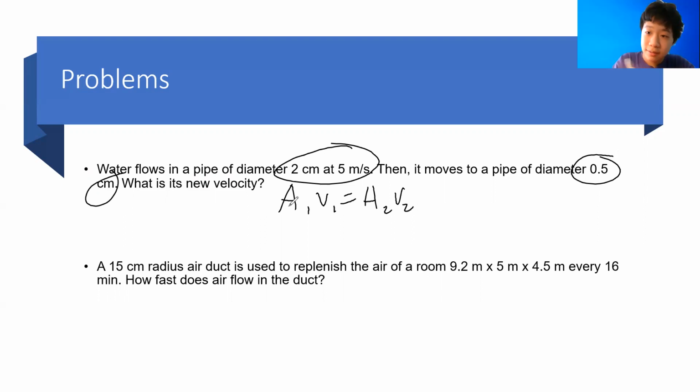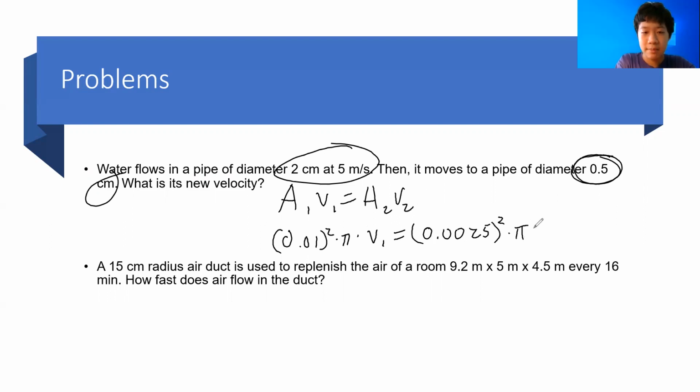A1 is going to be 0.01 squared times pi, because that's the area of a circle formula, times V1, equals A2. A2 is going to be 0.0025 squared times pi times V2.